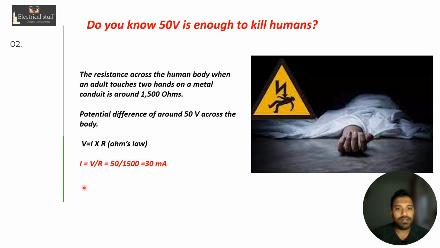Earlier we saw what happens at 30 milliamperes: he gets a breathing arrest, and it is very difficult to breathe. That is the reason all our circuit breakers, especially those for power, are set at 30 milliampere. Within that limit it should trip.